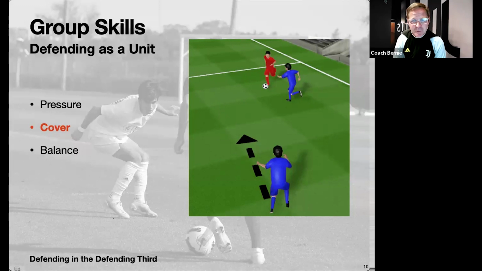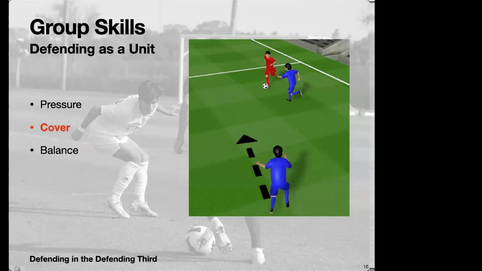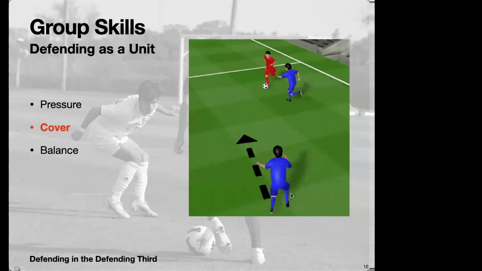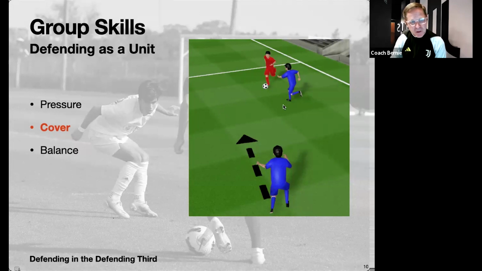Mateo, you got it. Come on, man. Talk to me. What's the cover player here got to decide? This fella right here. What decision did he have to make? If you want to have more space or to be closer. So you talked about this distance. Talk to me about left and right.